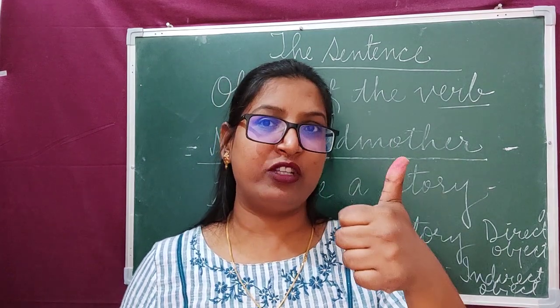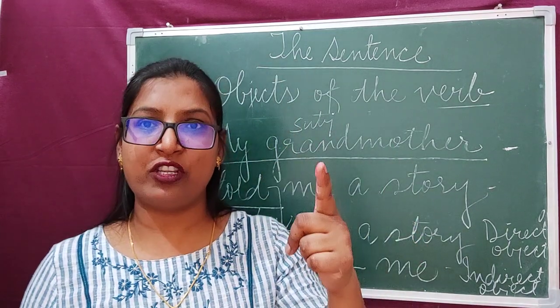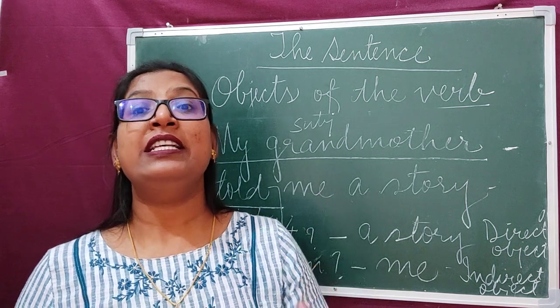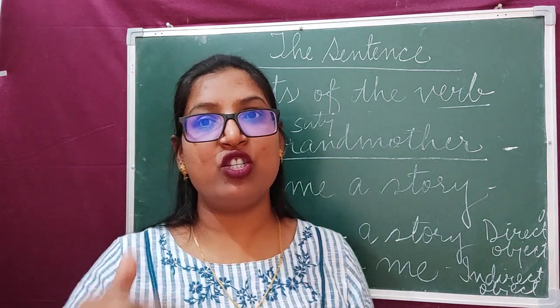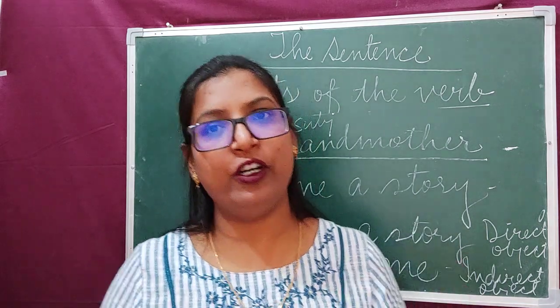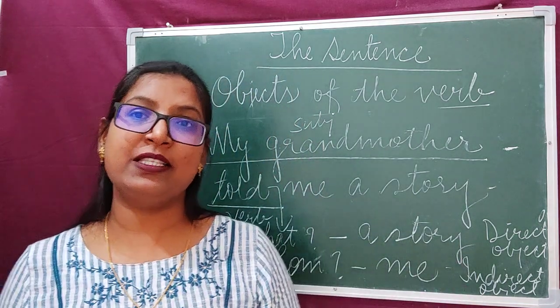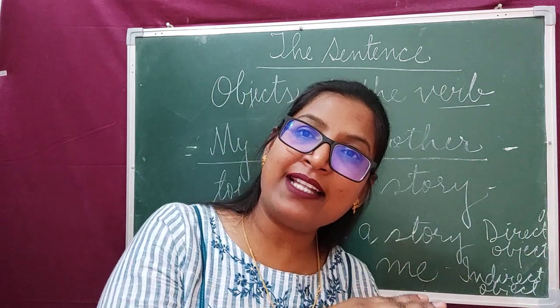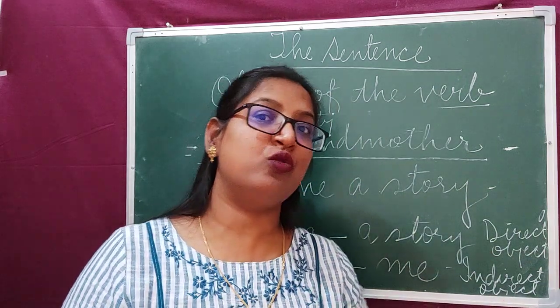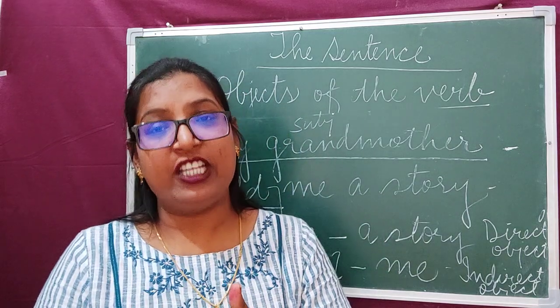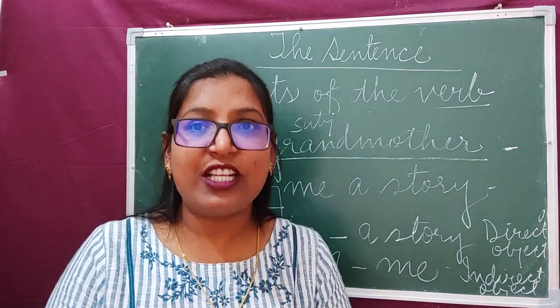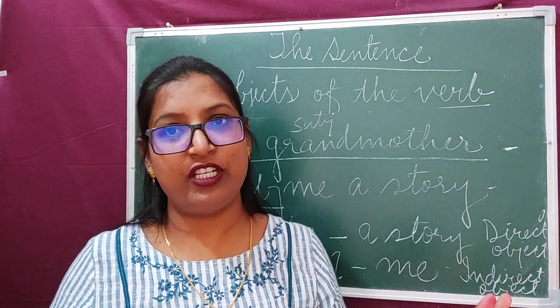Clear? So once again I will repeat, revise the steps. First of all, find out the subject, find out the verb. Second step is to ask question what or whom after the verb. Third step is to compare your answer of what or whom with the subject. If it is similar to the subject, it is not an object.